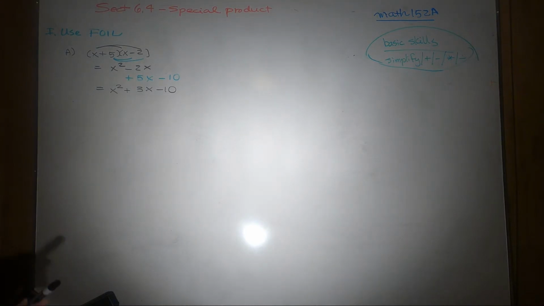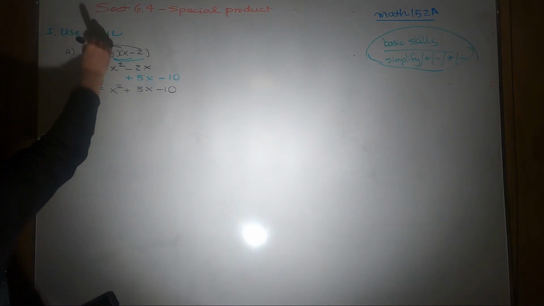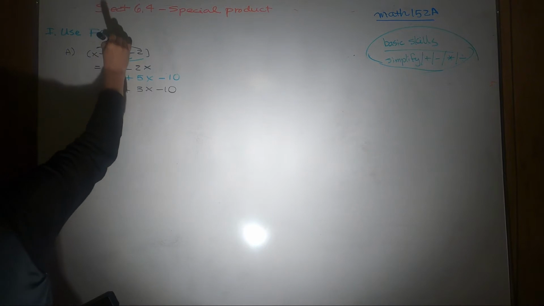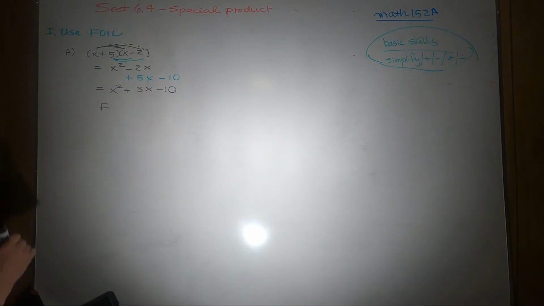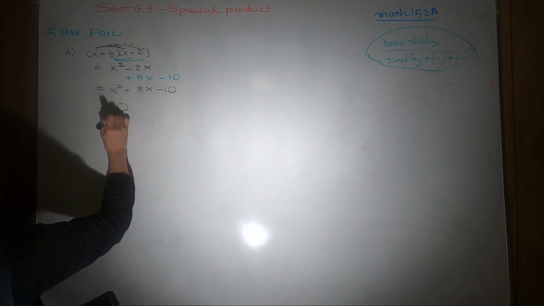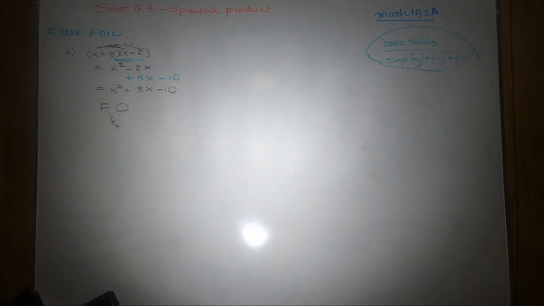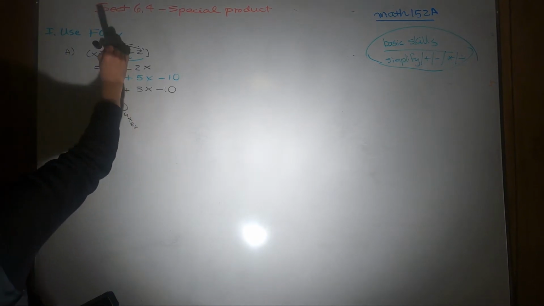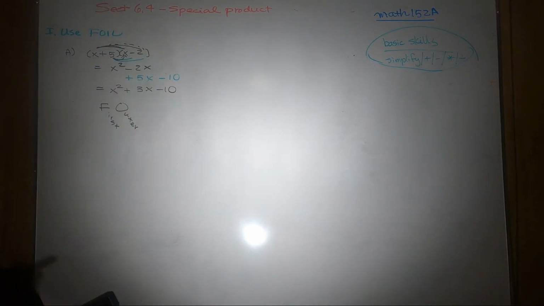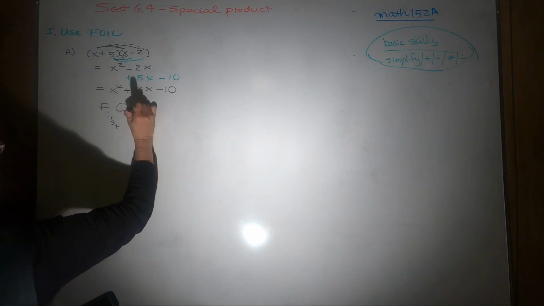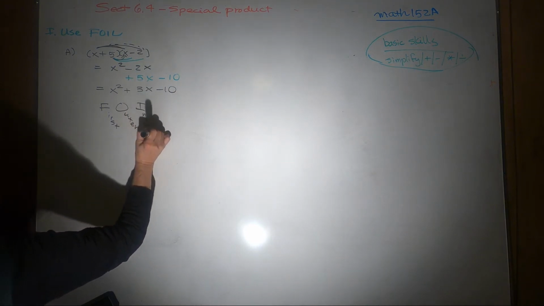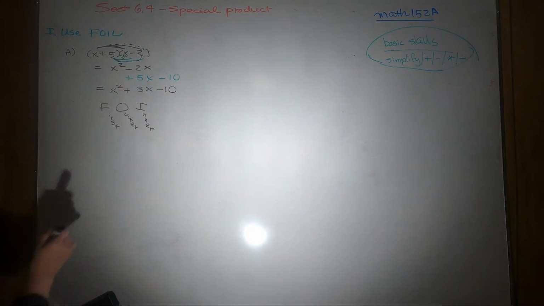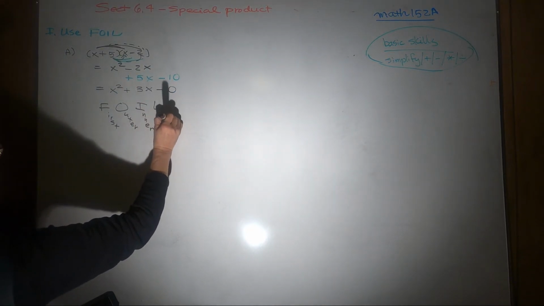So the method, what do we call it? The first one, we call it first, right? Then we do this one, the outside, outer, so this one is the first. Then the next one is outer, right? Then we do this one inside, we call it inner, right? Then do the last one, last.